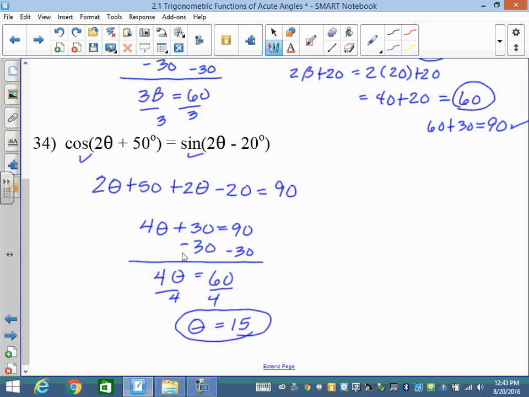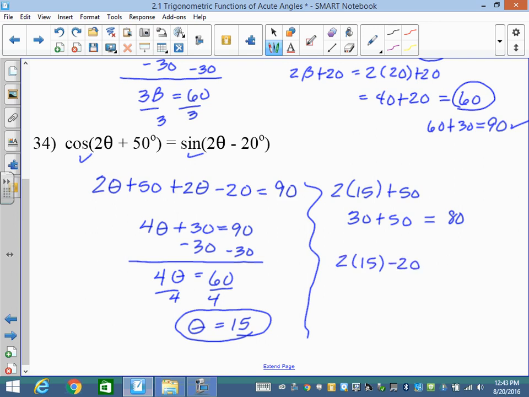Again, that's not what we're looking for. We want the angles. So 2 times 15 plus 50 gives us 30 plus 50, which equals 80. And 2 times 15 minus 20 equals 30 minus 20, which equals 10. And 80 plus 10 is 90.